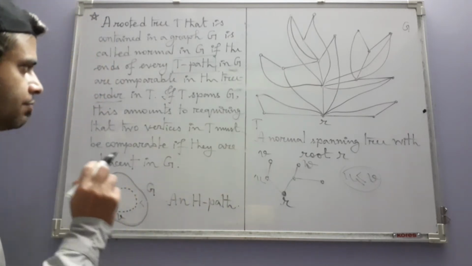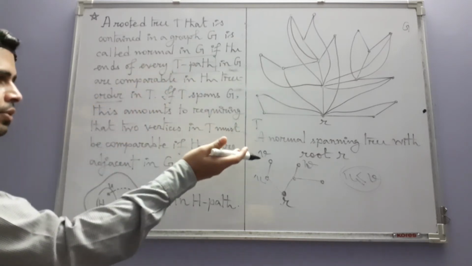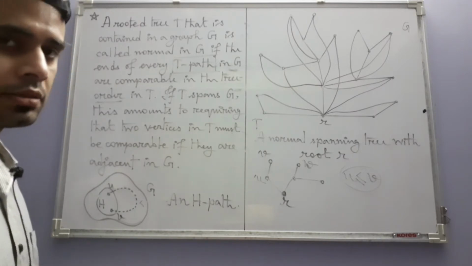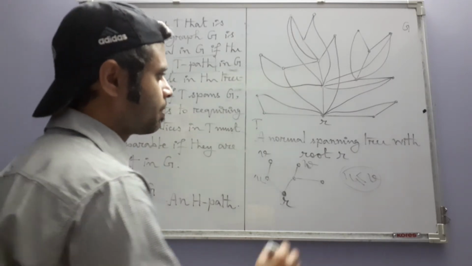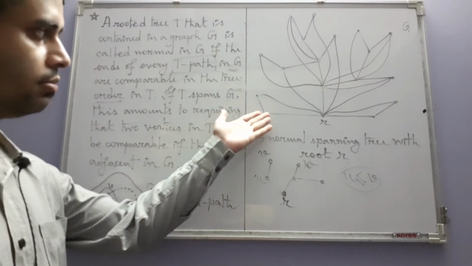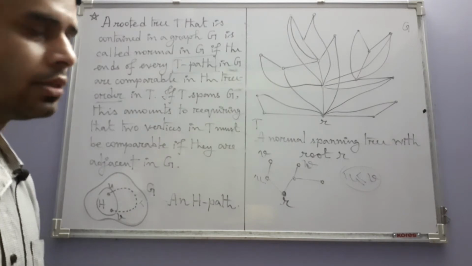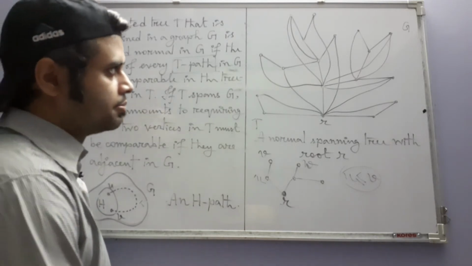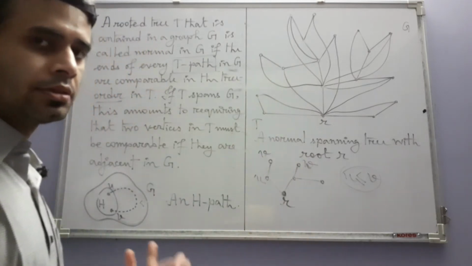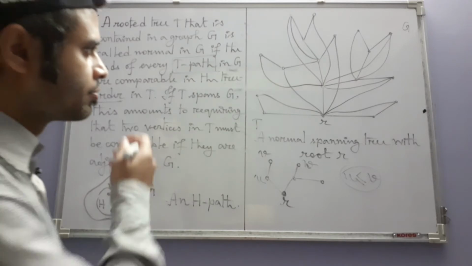Okay, if that happens, then we say that T is normal in G. Now let's look at this example. You see, I was saying that there is an advantage to using straight line segments to draw the edges in the tree. That is because now we can see which edges belong to the tree and which edges are outside the tree.